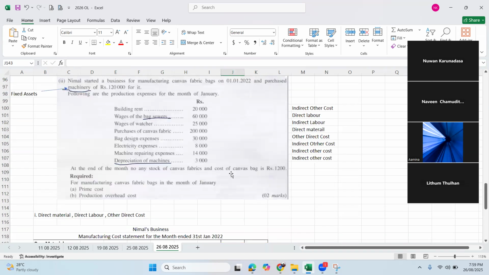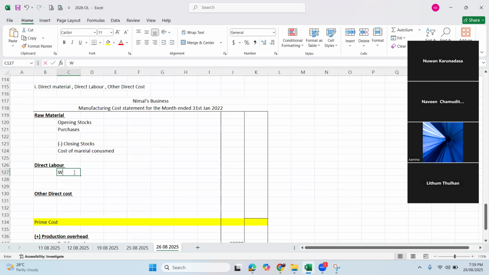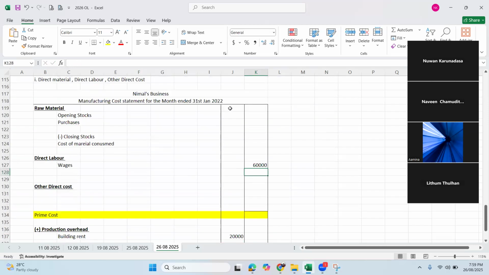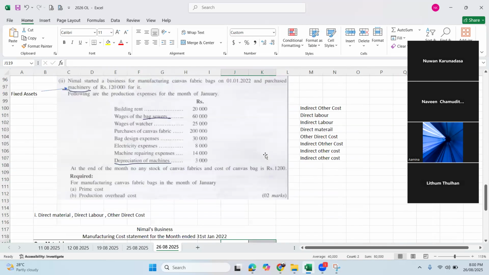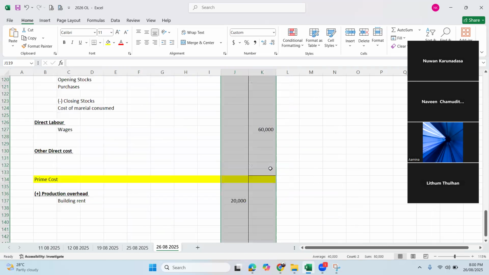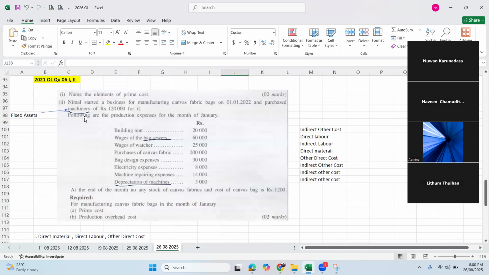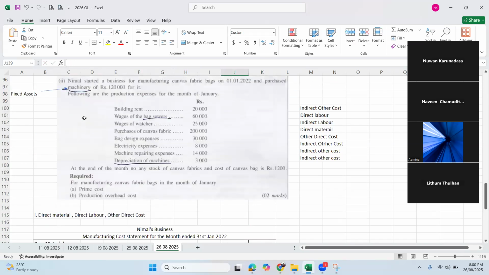Then what else? Wages for the bag sewers, that is direct labor, 60,000. Then wages for the watcher, it's production overhead, 25,000.